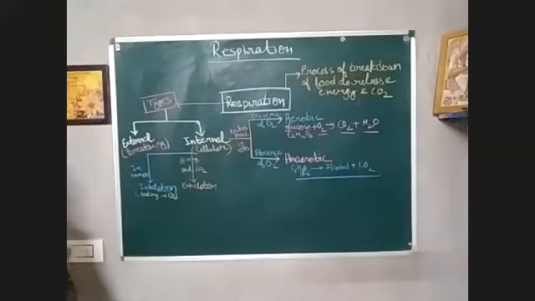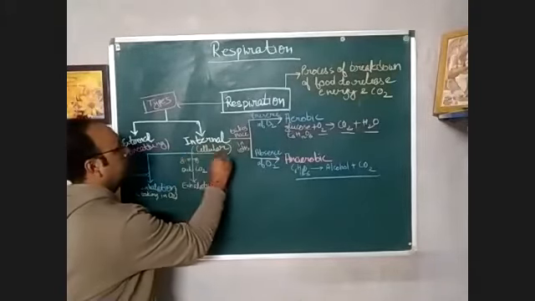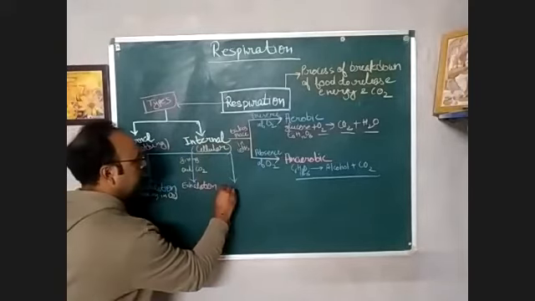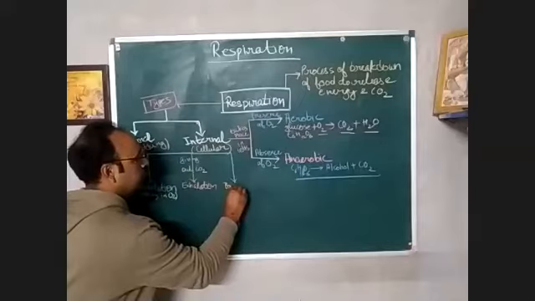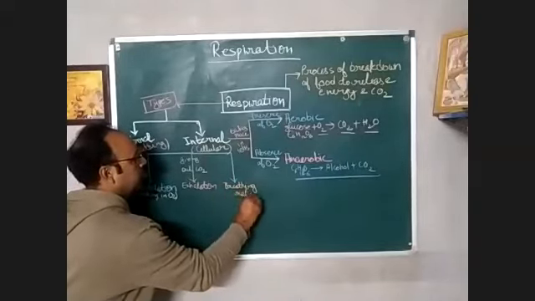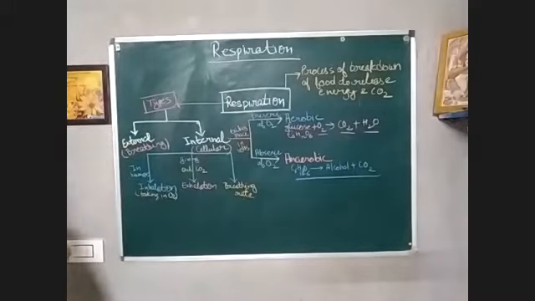Children, this will help you to learn and understand the terms. The third term related to this that we have studied is breathing rate, the number of times a person breathes in a minute. That is called breathing rate.